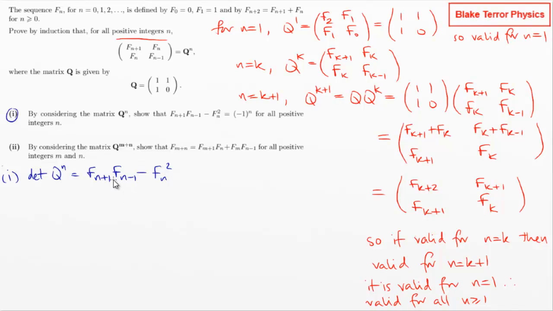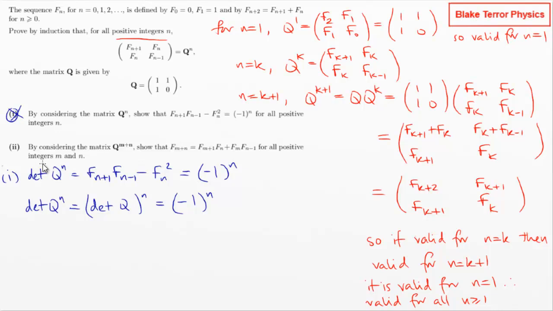And we need to show that that is minus 1 to the n. Standard result, the determinant of Q to the n is the determinant of Q all to the n. So the determinant of Q is minus 1, so minus 1 to the n. That fits in with this, which equals minus 1 to the n. Okay, that's fine.